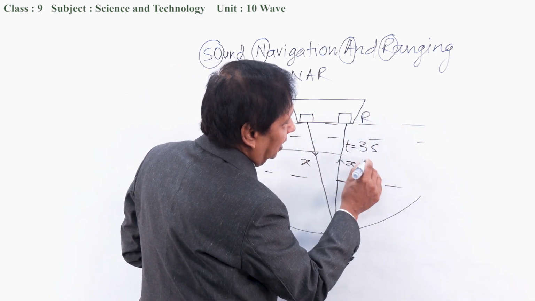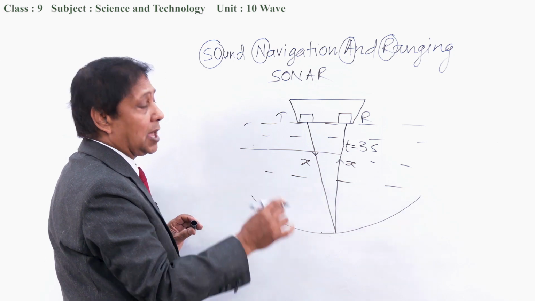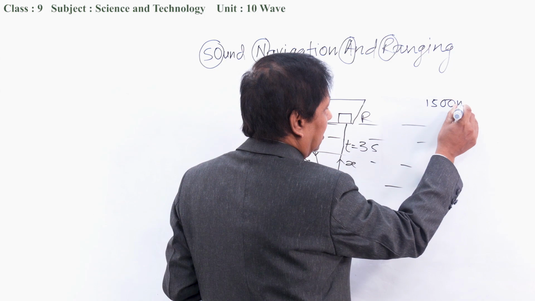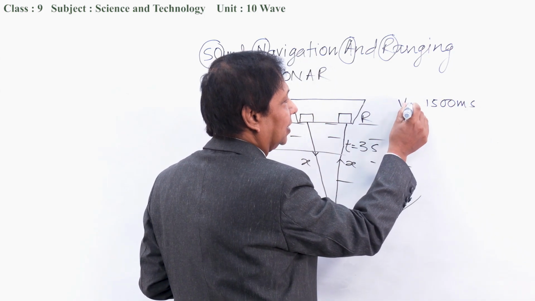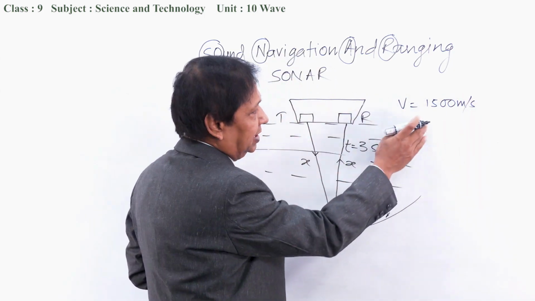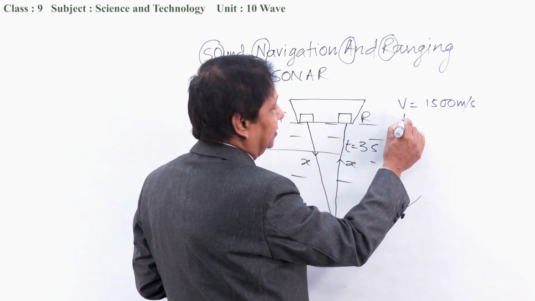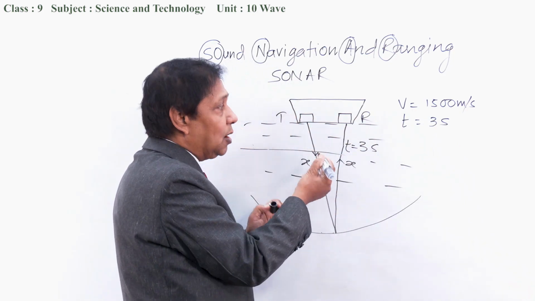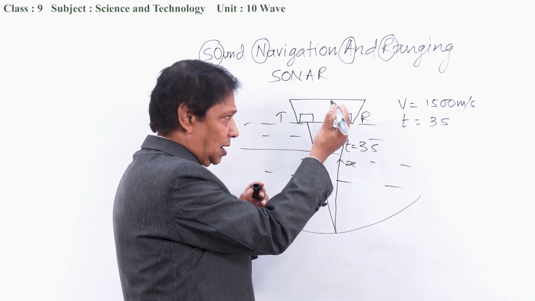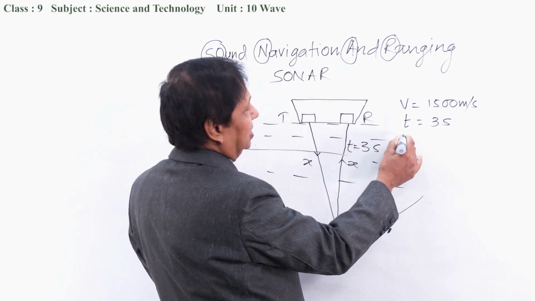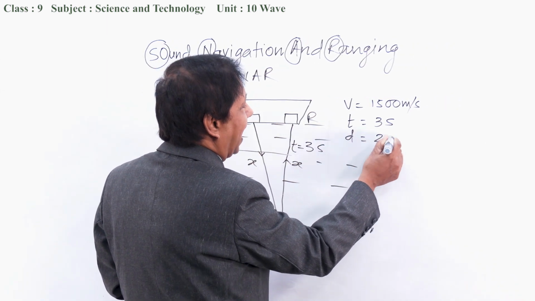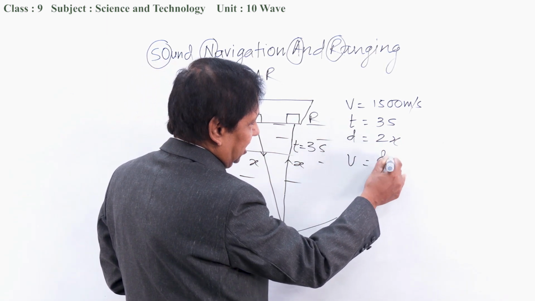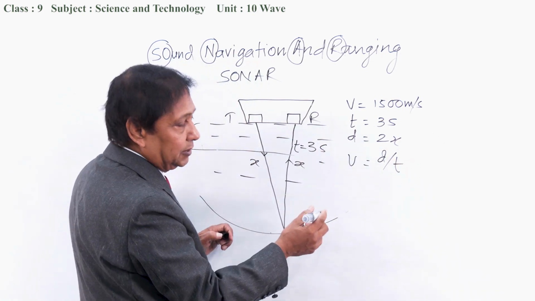This is water where sound is traveling. Now, the velocity of sound in water is about 1500 meters per second. If 3 seconds is taken by this sound to go to the seabed and come back to this receiver, and the distance traveled is 2x, then using the formula v equals d by t, we can calculate the depth of this sea.